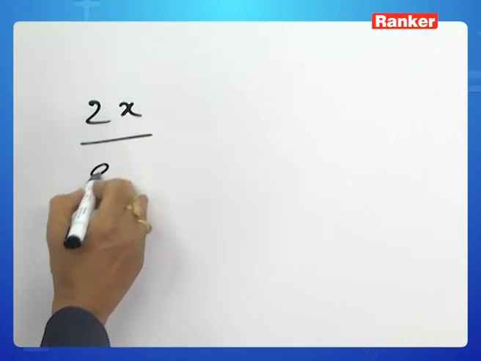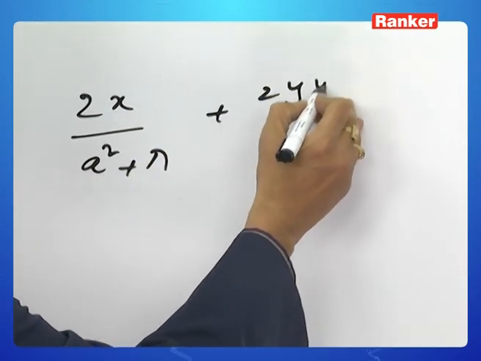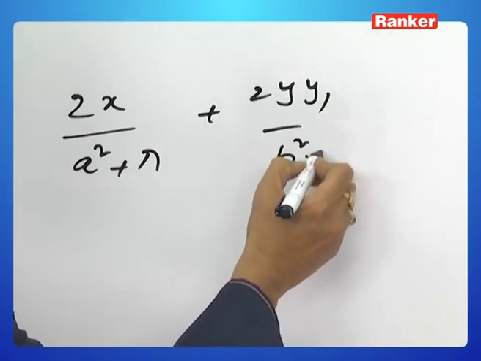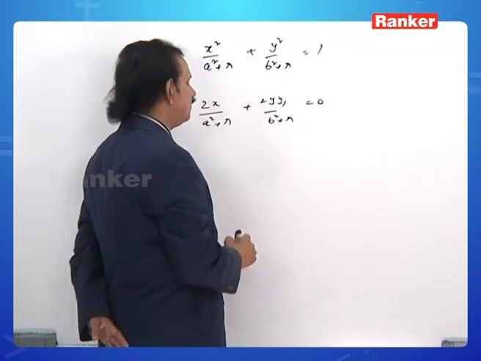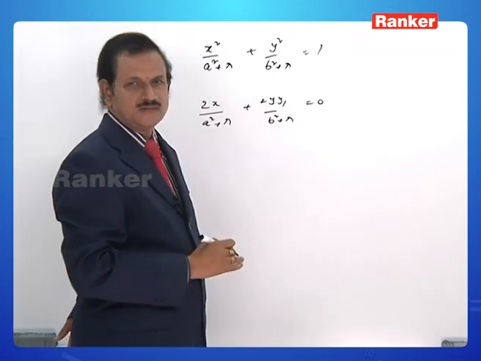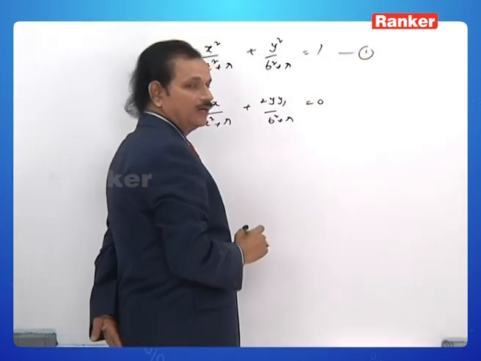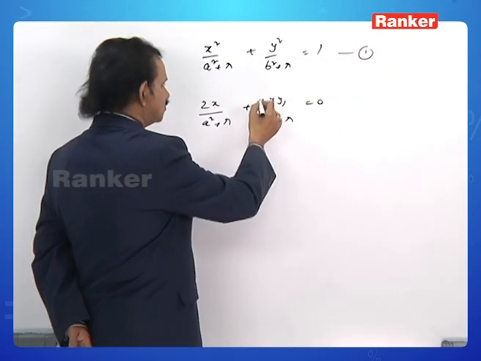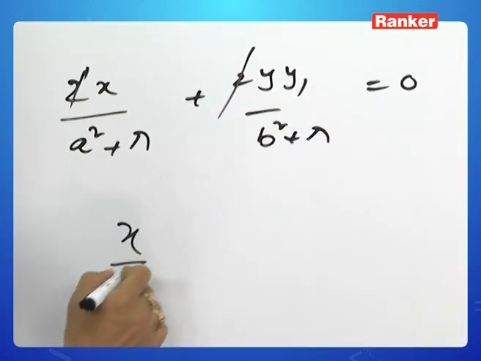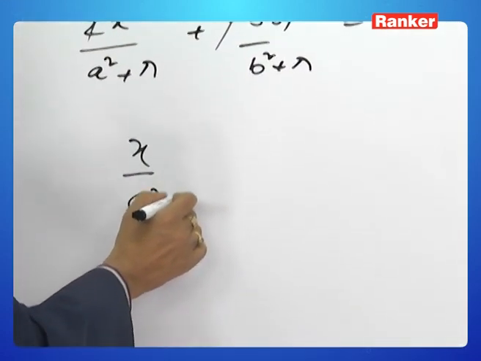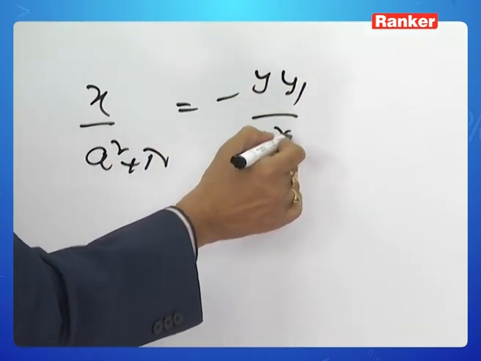2x by a square plus lambda plus 2y y1 by b square plus lambda is equal to 0. Here by y1, let us mean dy by dx. Let me call this equation 1, and this 2 can of course be cancelled, leaving you x by a square plus lambda is equal to minus y1 by b square plus lambda.